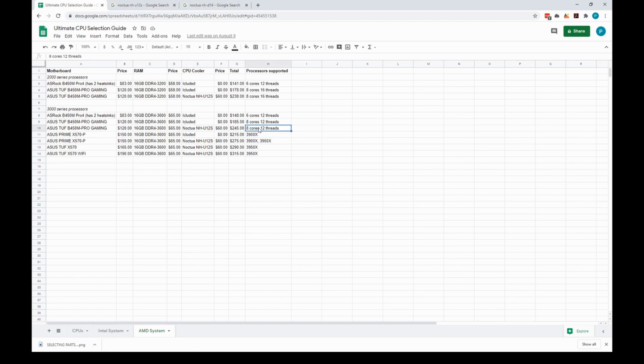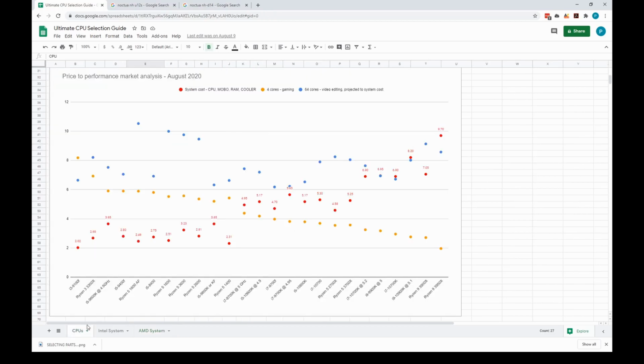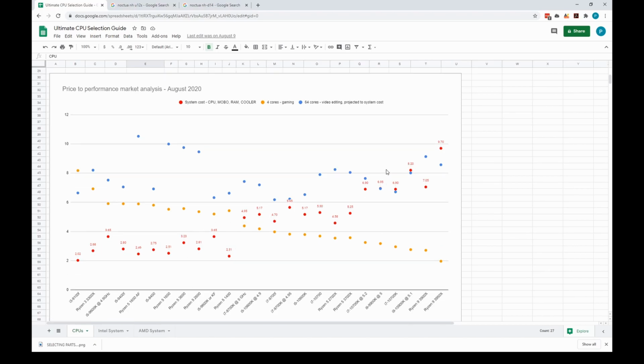That's the 3700X from AMD. And then these are X570 chips for the 3900 and 3950X processors. So with that in mind, you can see the prices, and like I said, we have 3 categories here.